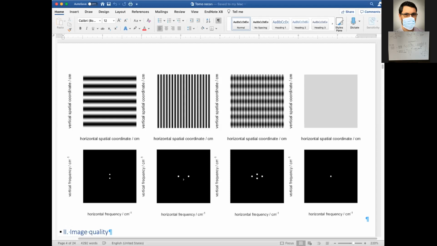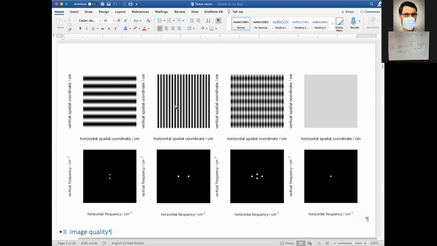So these are images that have no vertical frequencies. This is because if you look at this image, there's no variation along the vertical direction. But there's variation along the horizontal direction, and the variation occurs at these very specific frequencies that are shown on the diagram.